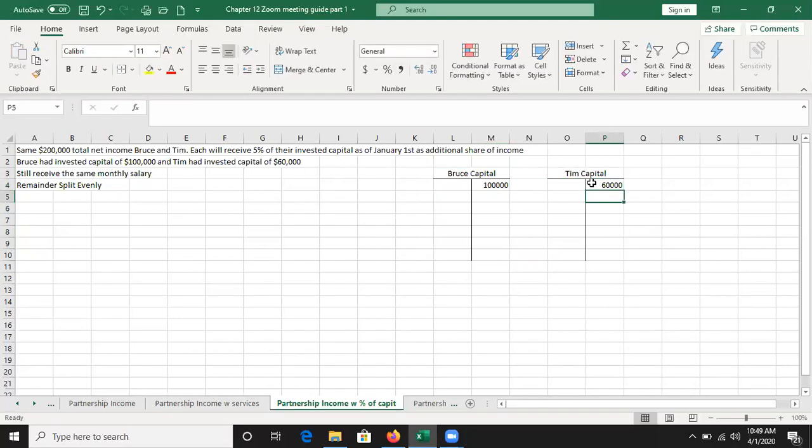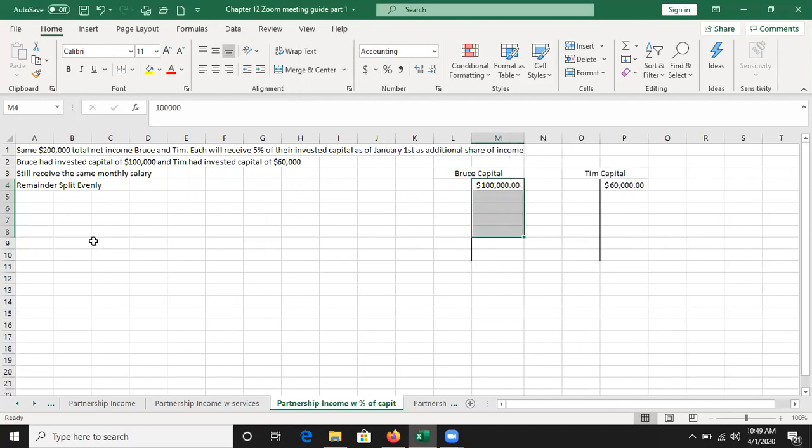And remember, capital has a credit balance when it's positive. Okay? So at the beginning of the year, prior to this net income happening, this is what their capital balances was. Okay? And it's saying each will receive 5% of their respective capital balances as an additional share of income.